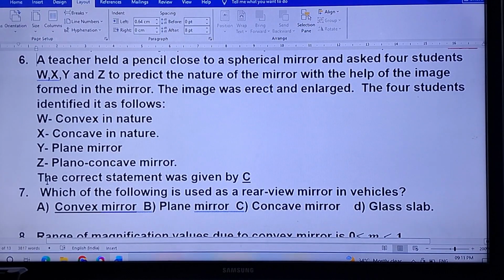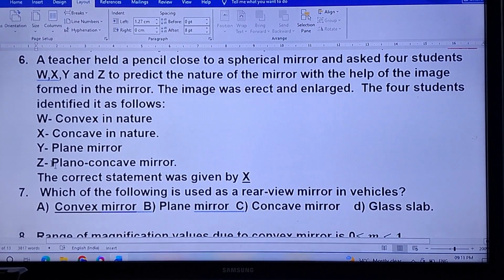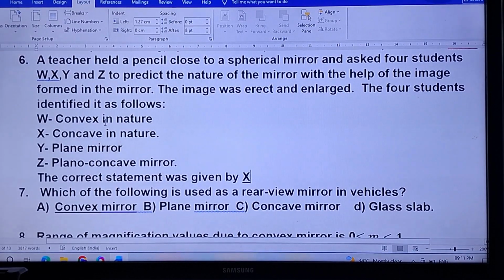Definitely the correct statement was given by X, not C. It is concave in nature because the image is erect and enlarged, and it is a virtual image. An enlarged image will never form in a convex mirror.